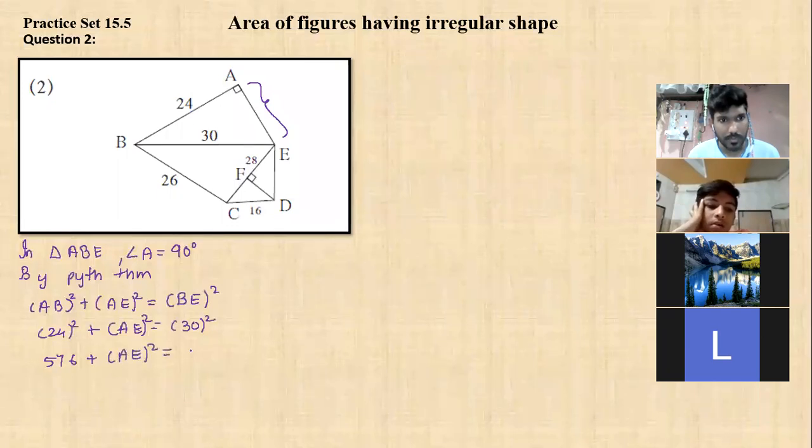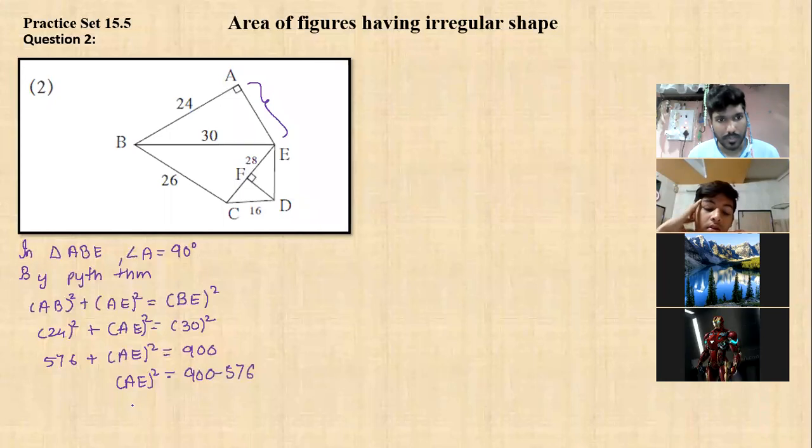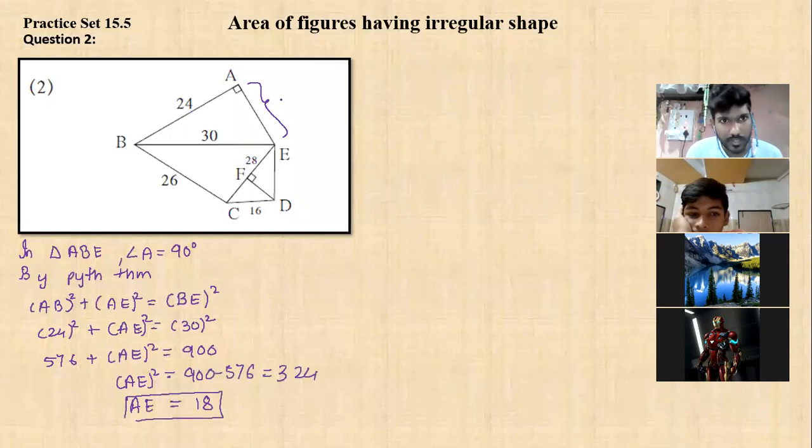AE square equal to 900 minus 576, so 324. And when you take the square root, 324 is 18. So AE is 18. That means this portion is 18.